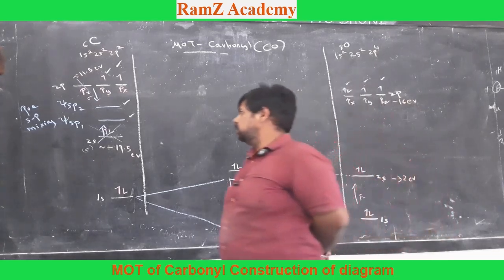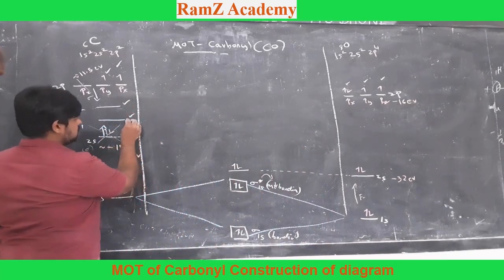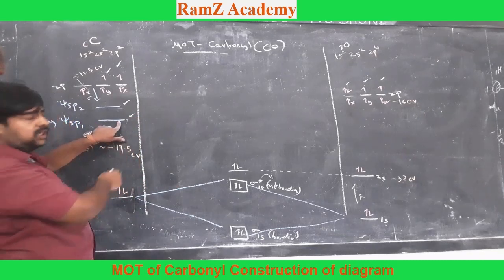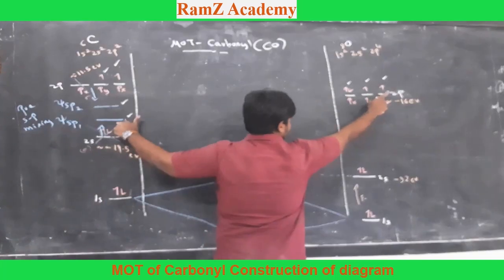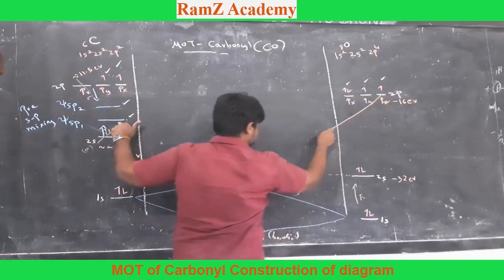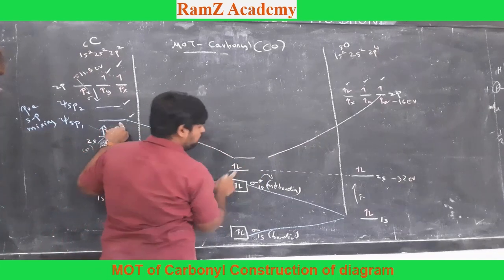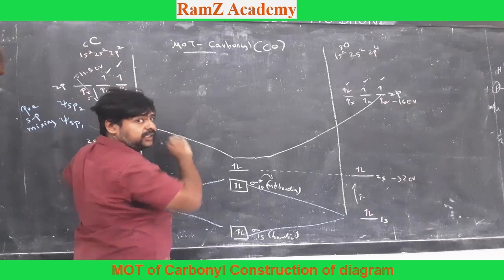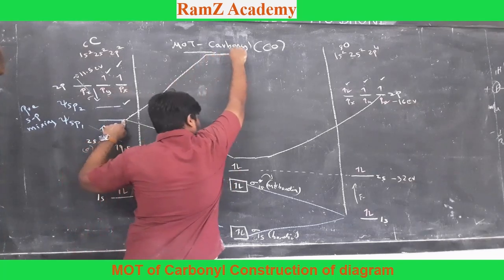Okay, so let us now consider the molecular orbitals. First, this one has more sigma character, this one has more pi character, this one has more sigma character, and similarly this one has more sigma character. As a result, these two will interfere and give you one sigma, and they can also interfere destructively and give you one sigma star.